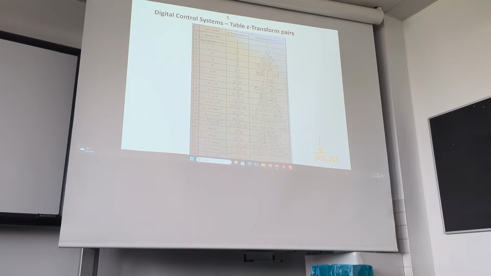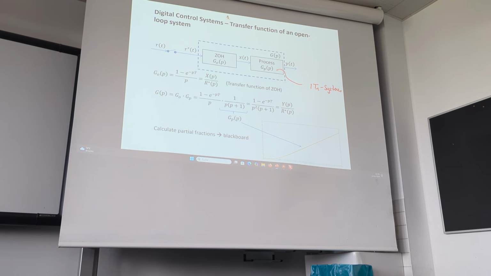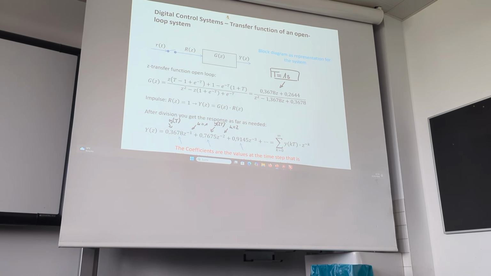Here in the first row, we have the Dirac impulse, and the Laplace transform of the Dirac pulse is 1, and the Z transform is also 1. So that means if the excitation for the system is an impulse, then R of Z is equal to 1. And now the output Y can be calculated by the multiplication of G times R. Y is G times R, and if R is 1, then Y is exactly equal to G.